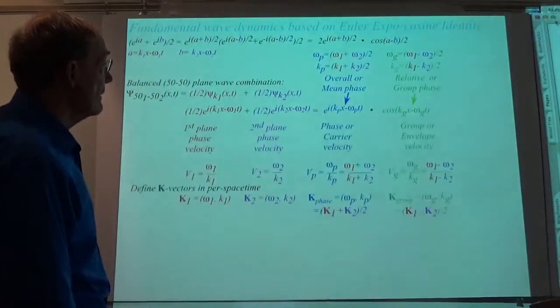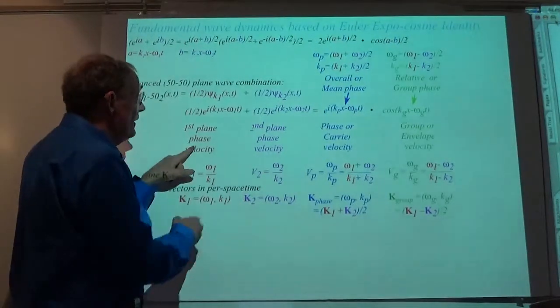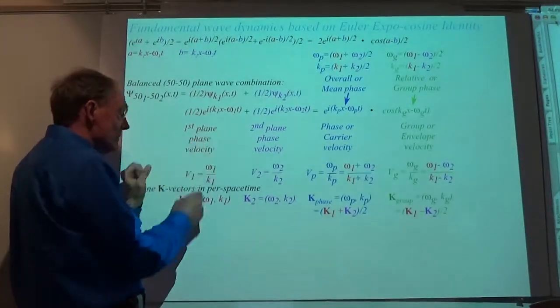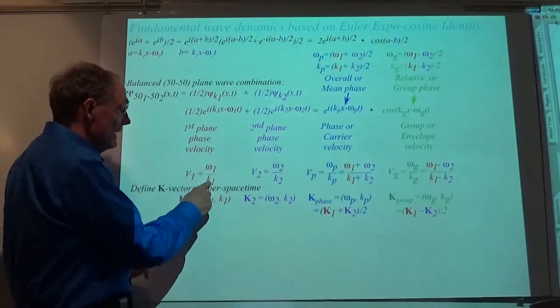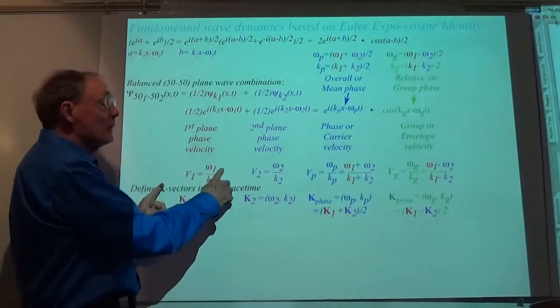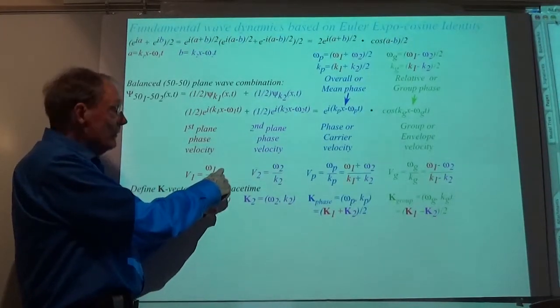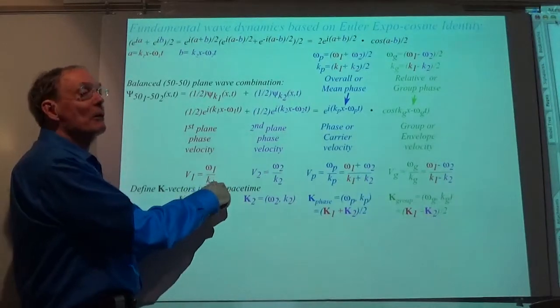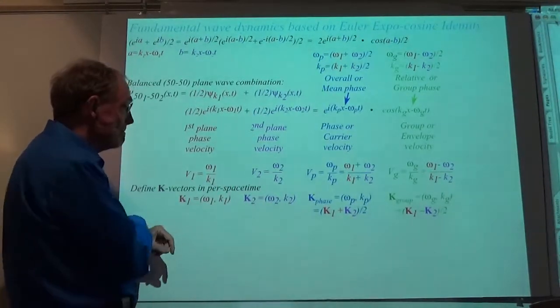All right. Well, given that, we can figure out, first of all, the phase velocity of one of the components is simply the ratio of omega over k. That checks with units. This is per second. This is per meter. So this is per second per meter. That's the same as meters per second. Okay?